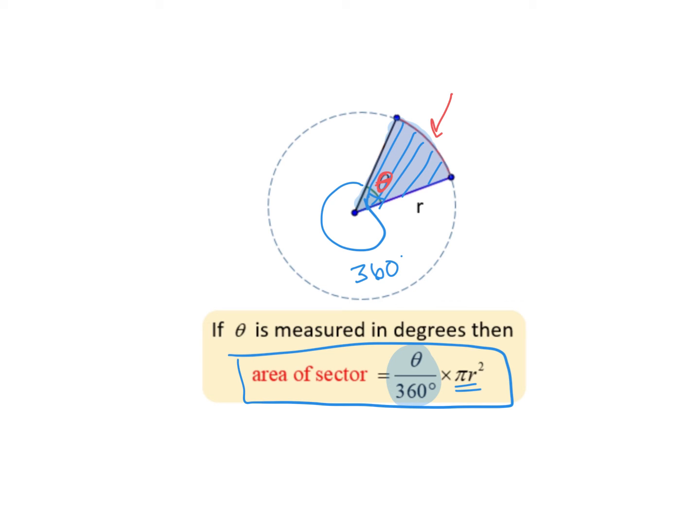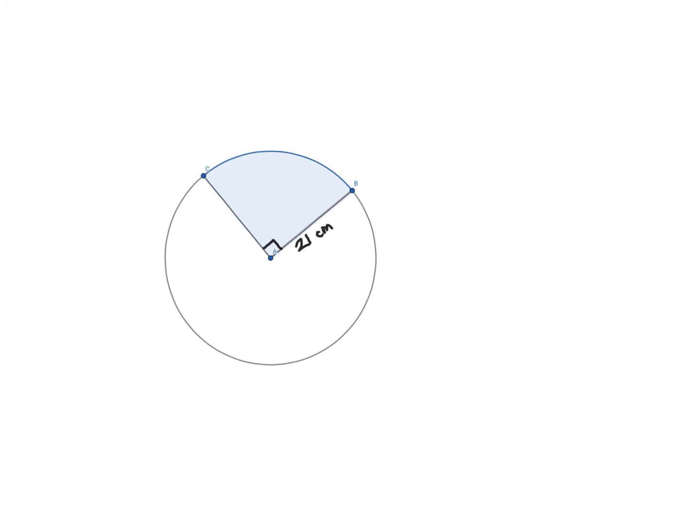Let's look at two examples. In this example here, I have a radius listed as 21 centimeters, right from my center straight out to my outside edge. I have an angle denoted with this box symbol, which tells me that it is 90 degrees. So I can find the area of this sector by using our sector area formula.